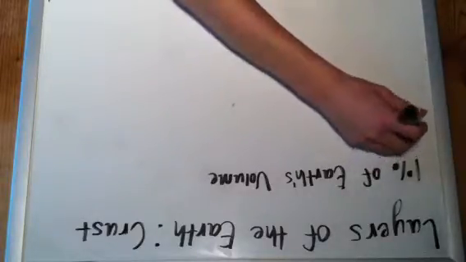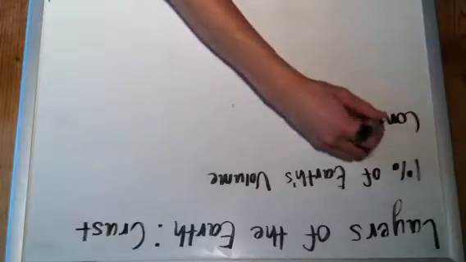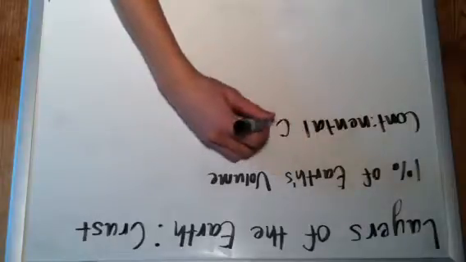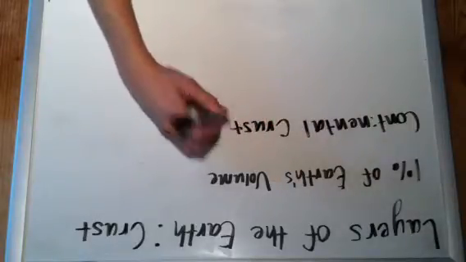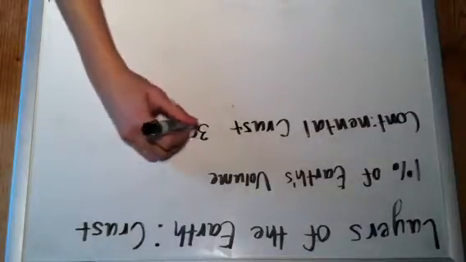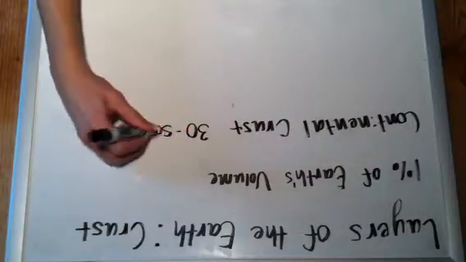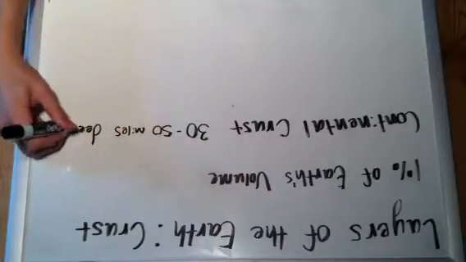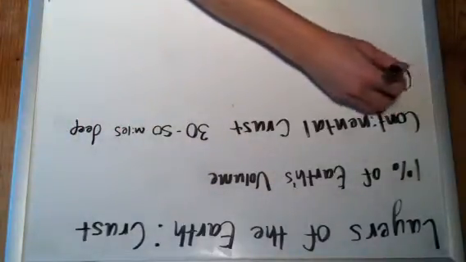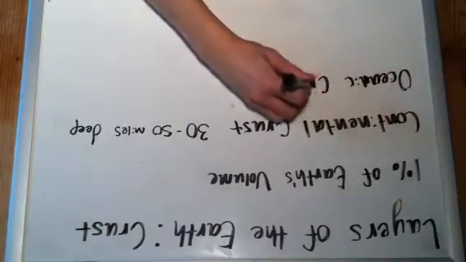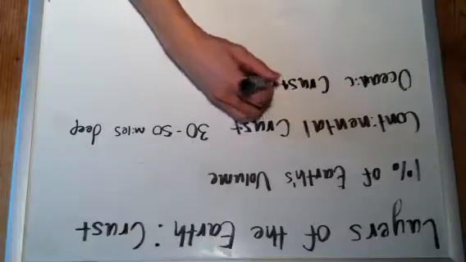Continental crust is generally between 30 and 50 miles deep or thick, compared to oceanic crust, which is generally 5 to 10 miles deep.